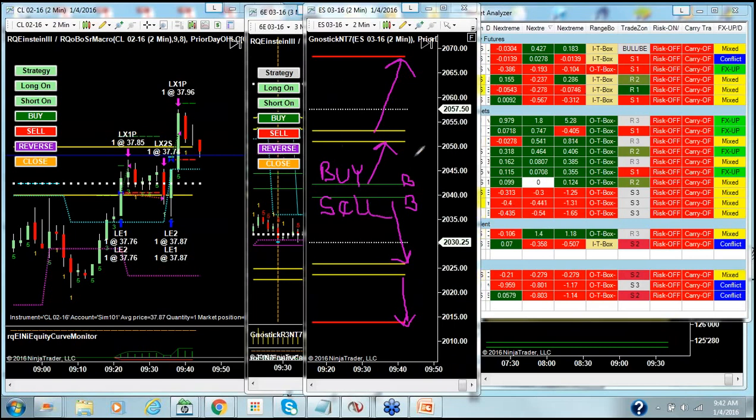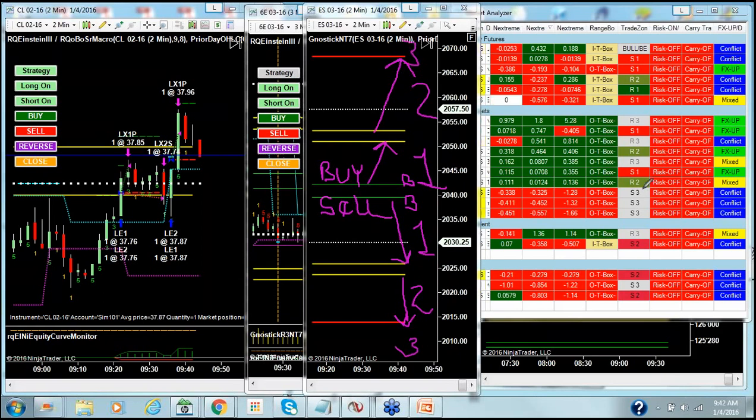So we've got bull zone 1, bull zone 2, bear zone 1, bear zone 2, and these are threes up here, and that's why you see that S3. Excuse me. Make sense?